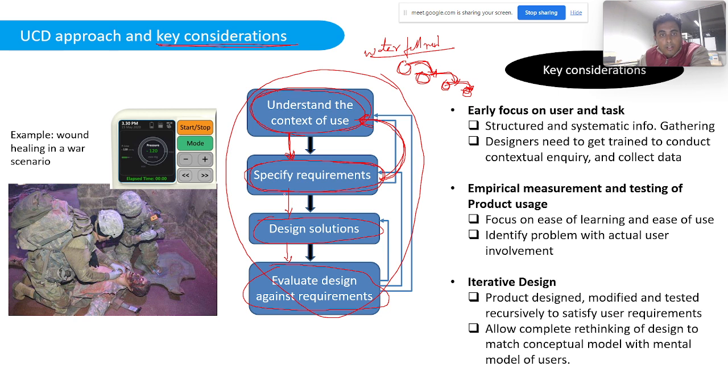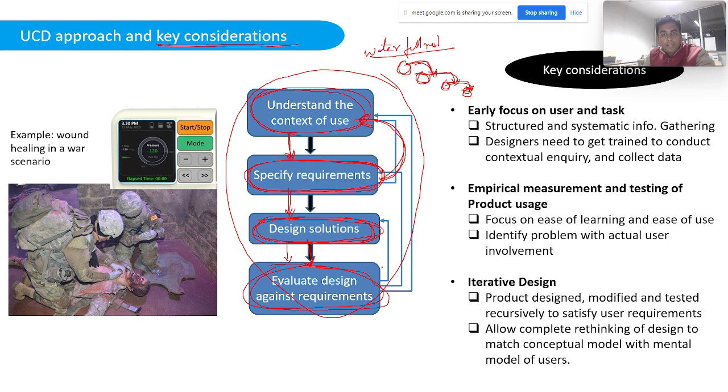Similarly, once you have arrived at a set of requirements, there are more details missing in this diagram. You come up with a functional specification, then you generate ideas, then you select ideas, then you design your final set of solutions. Then you evaluate multiple solutions with users and against the requirements.